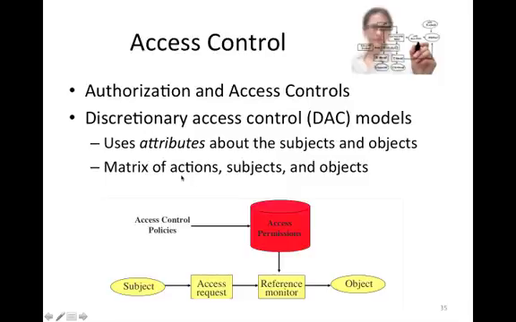Actions are CRUD, the create, read, update, delete, subjects, people, and objects, data. So we create a little matrix that says for user group type A against this type of data, these are the actions that are permitted.